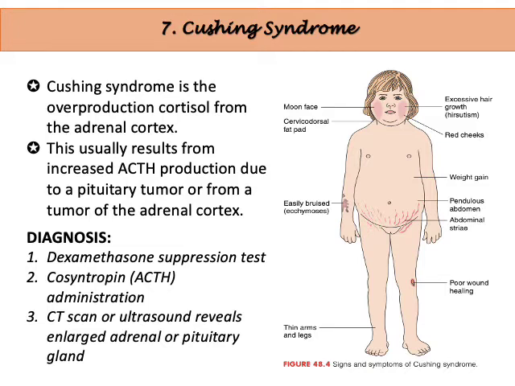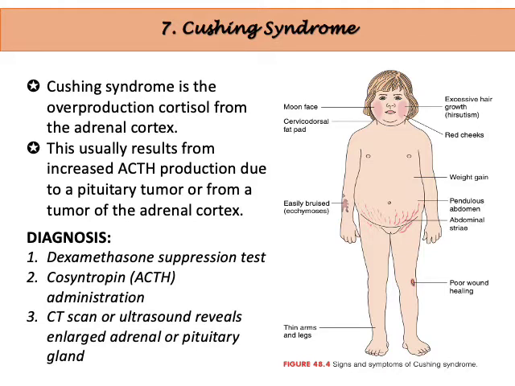Second is cosyntropin or ACTH administration. Normally, cortisol will rise, but in patients with an adrenal tumor, the gland is already at full capacity. So no more cortisol elevation will occur with ACTH administration in a child with Cushing syndrome.